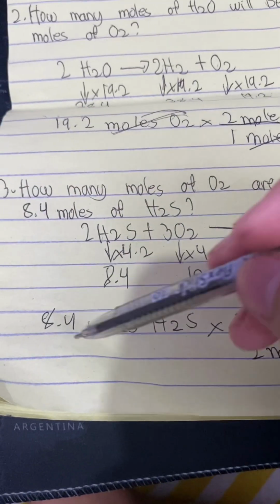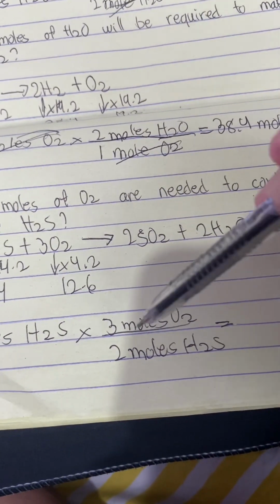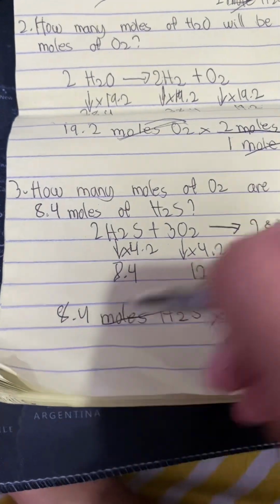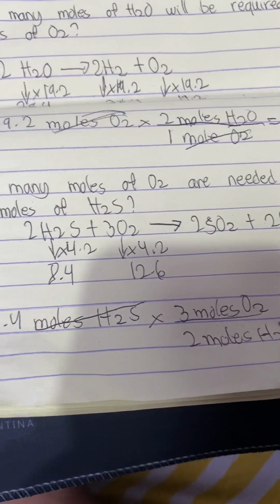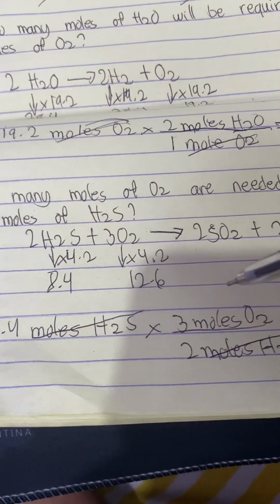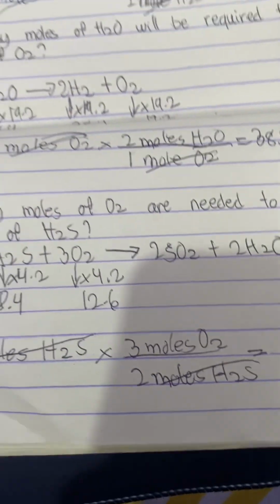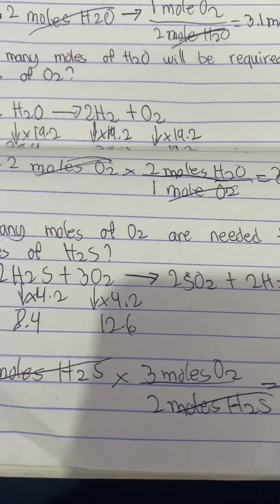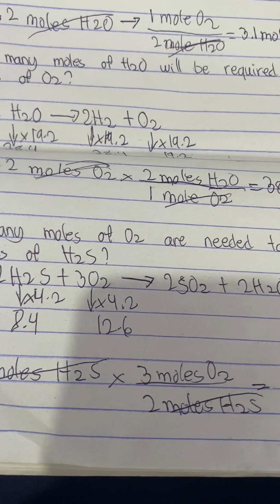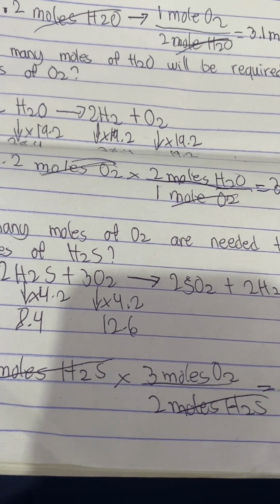Alright, so we have 8.4 moles H2S, 3 moles of oxygen, 2 moles of H2S. Just close this and this, and 8.4 times 3 will be 25.2.